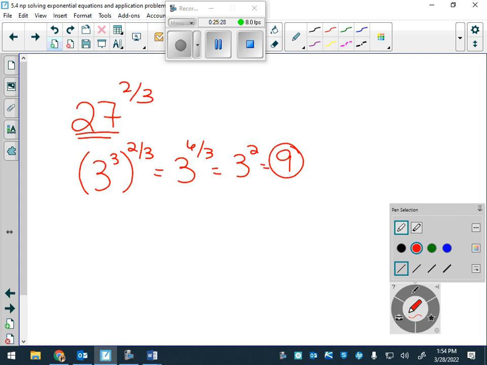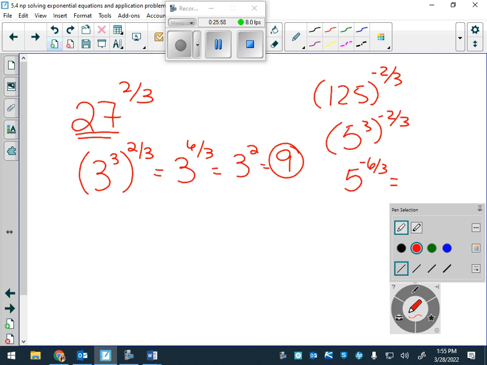Just like 125 to the negative 2/3. How can I rewrite 125 with a smaller base? 5 cubed. Okay. Then, what do I do here? Multiply, what do I get?